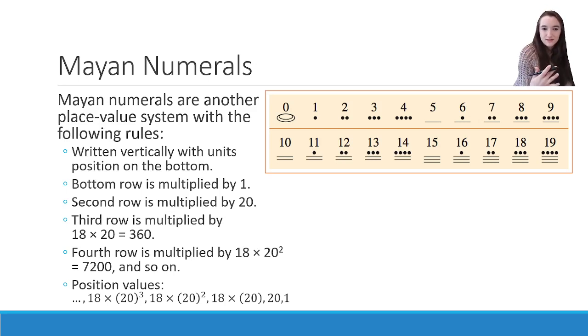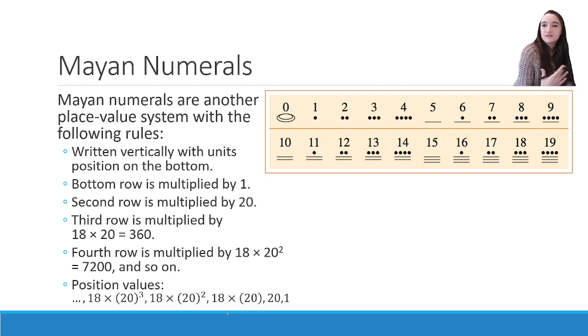the 20s place. The next row is the 18 times 20s place. Then it's the 18 times 20 squared, the 18 times 20 cubed, the 18 times 20 to the fourth, and so on. So we start establishing a pattern around here, but this doesn't really reflect exactly the pattern, like where did the 18 come in, but then the only thing that's changing after we put in the 18 is we're now taking the 20 to different powers.